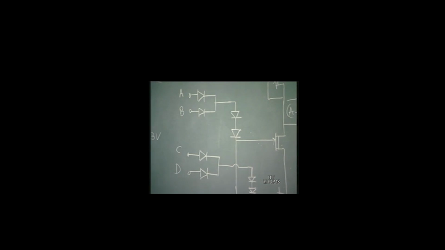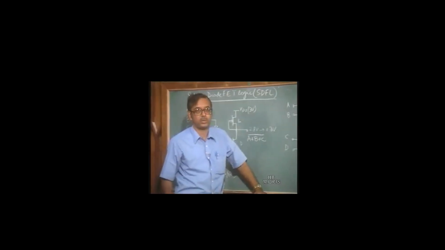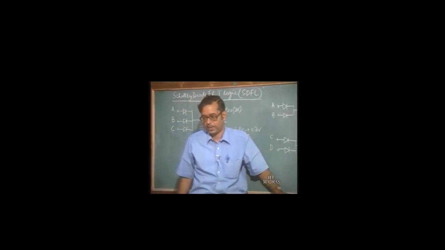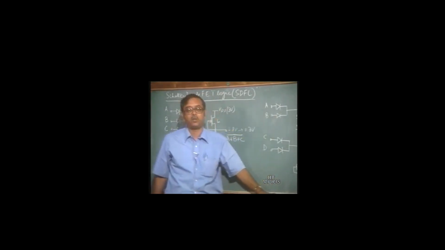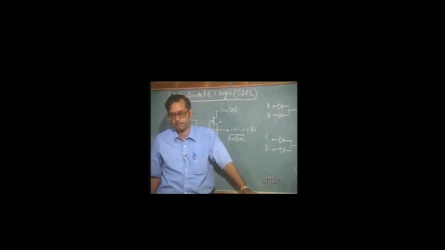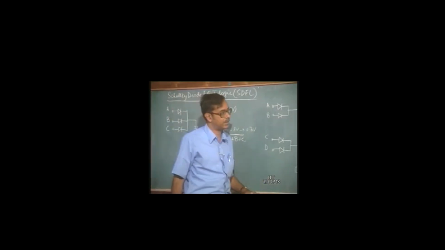The output of the previous gate, which is driving this gate, is always loaded by this particular gate, and of course the loading is going to be more if you have more fan outs. So the loading is going to be dependent on fan out. All this must be taken care of while we are designing these logic circuits.